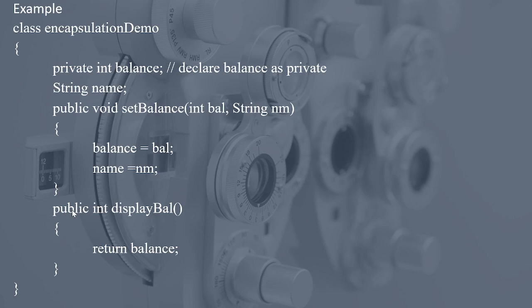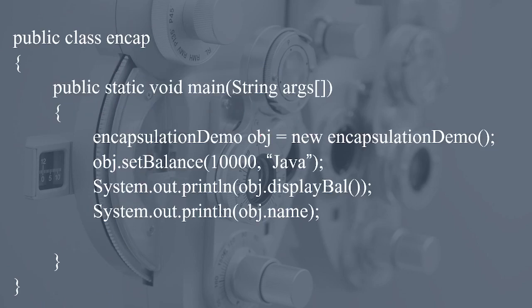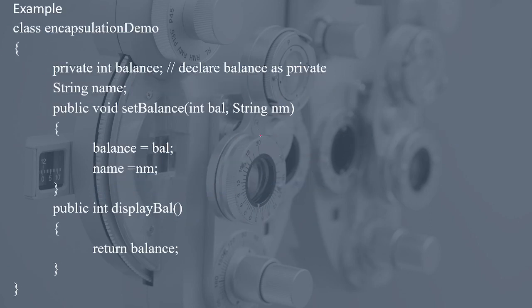Now let us look at the next one. Okay, so this is the main class, and in this main class I'll be running this code also. We are creating an object, and with that object we are calling set balance. We are passing 10,000 in Java. You can put anything. I'll be using some other values in the example, and we are printing display and name. Okay, see what you have here.